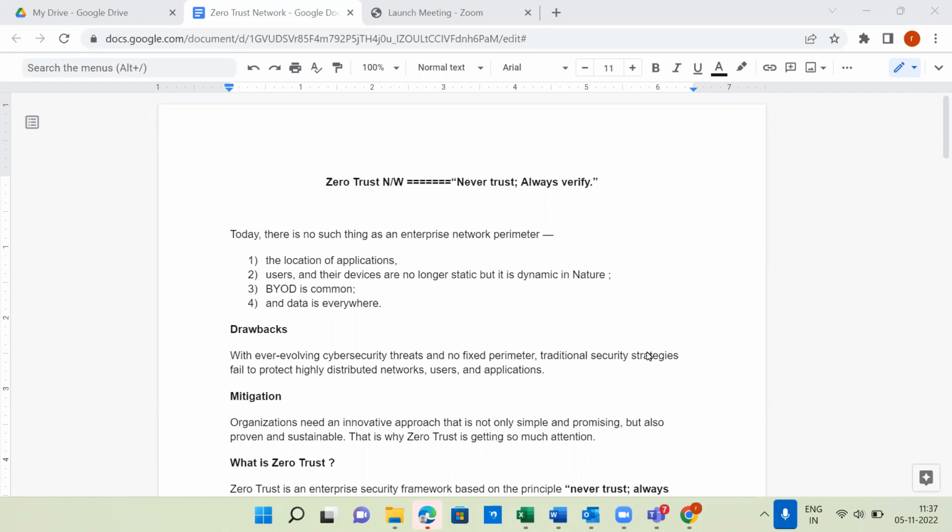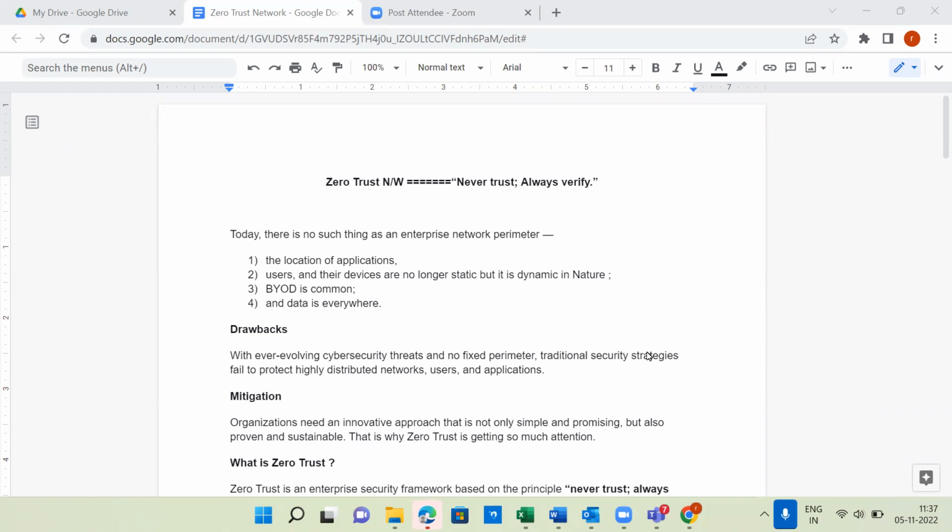Zero trust is not only applicable to external attackers, hackers or intruders, but also to internal employees. So first, what is meant by zero trust? Zero trust means never trust anybody and always verify: identity, authentication, authorization, devices, applications, databases, servers, and so on.